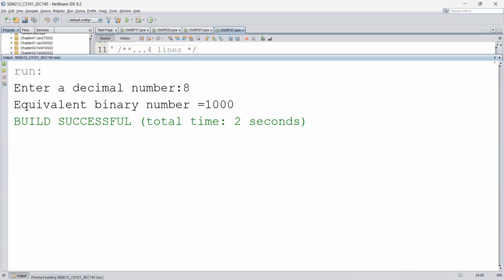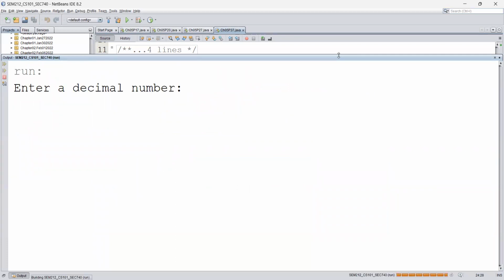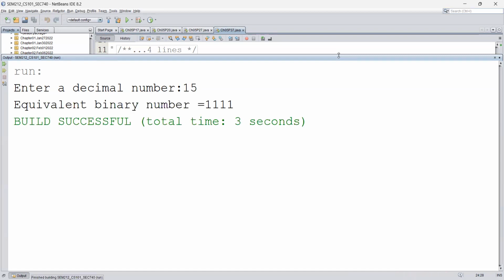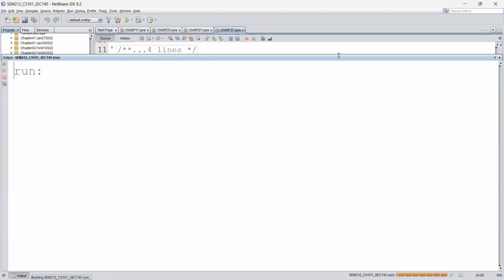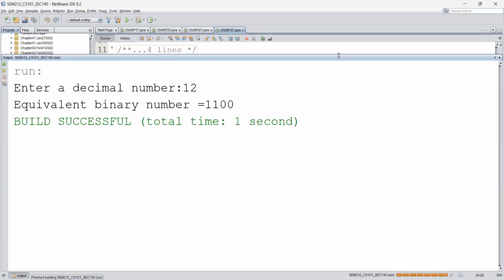Okay, now it is working as it should. Okay, 15 is for all bits of, let's say, 12. Perfect.